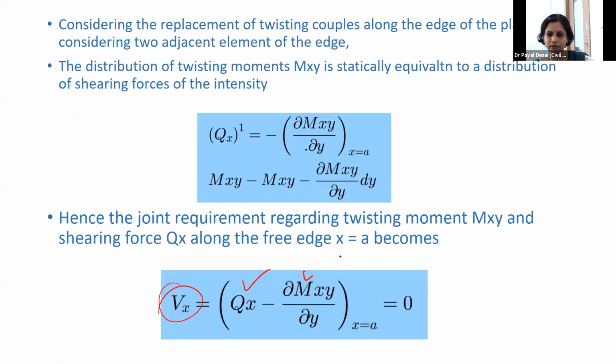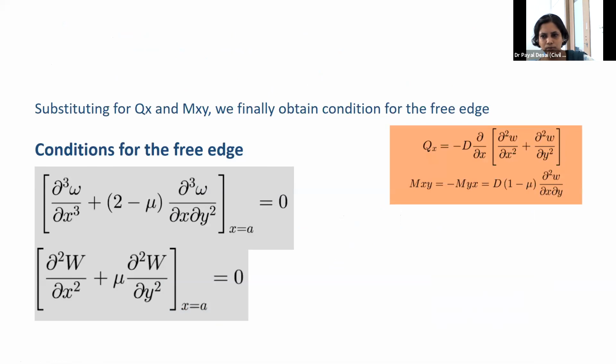I have added this twisting couple, so it becomes one, and then dx equal to 0. So finally I have two conditions. One comprises of this and the second comprises of the bending moment being 0. I replace and simplify some formulas, but finally at the free edge I have this condition and this condition.